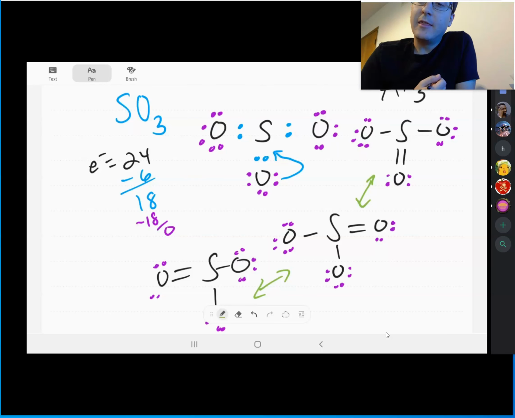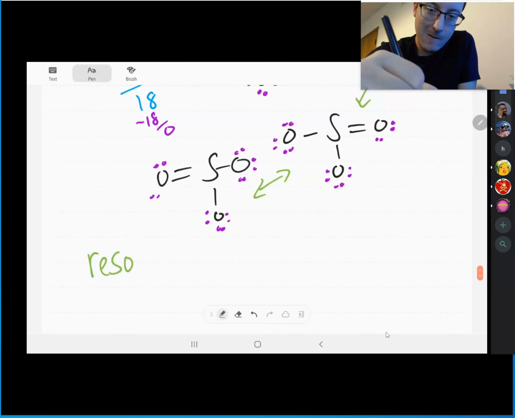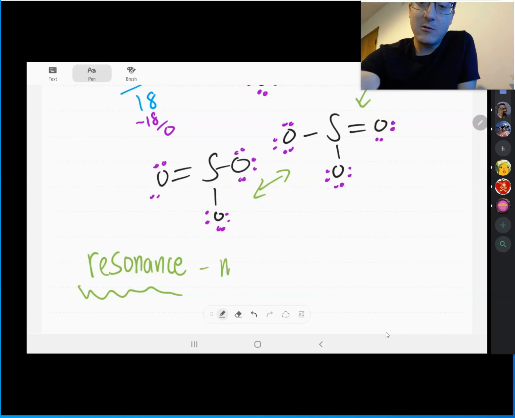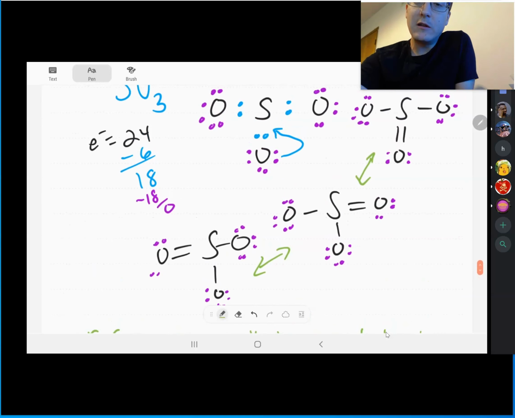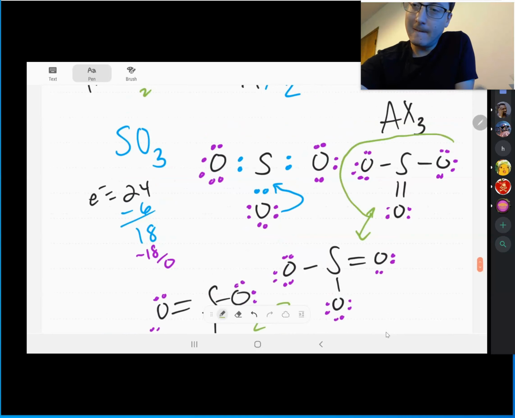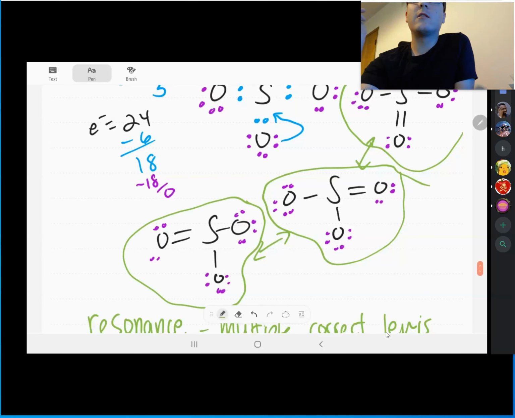Okay? This phenomenon is called resonance. And that means there are multiple correct Lewis structures. So these three structures that we have, they're all correct.